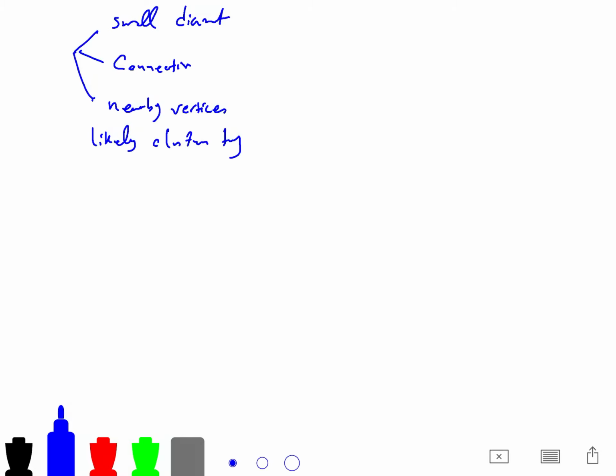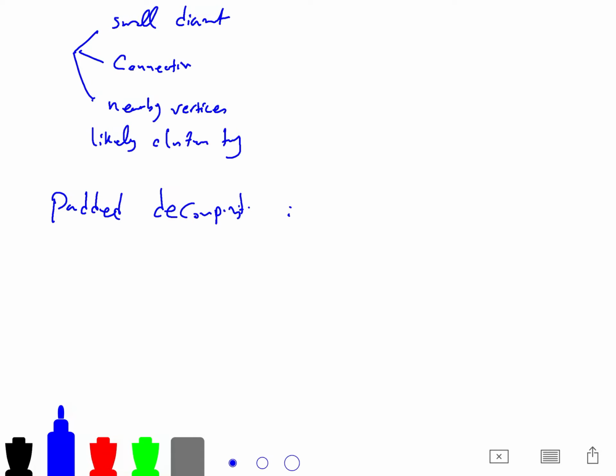So in padded decomposition, we have a distribution over partitions.